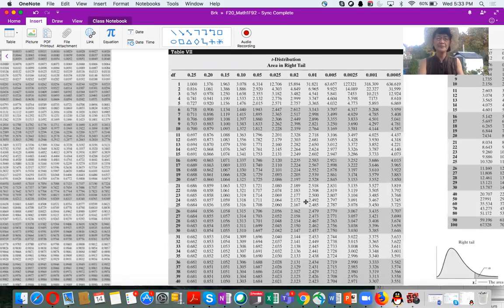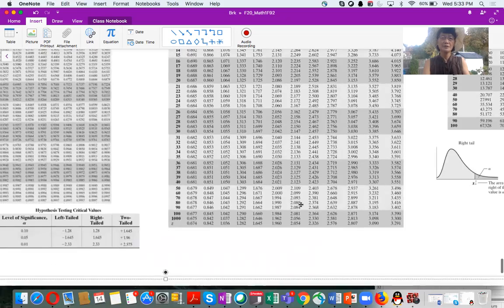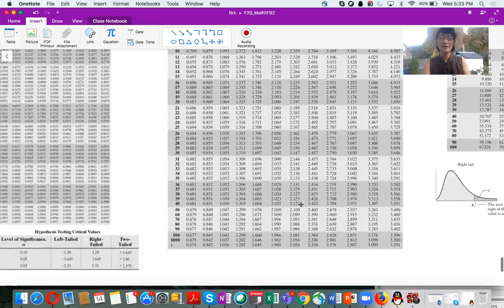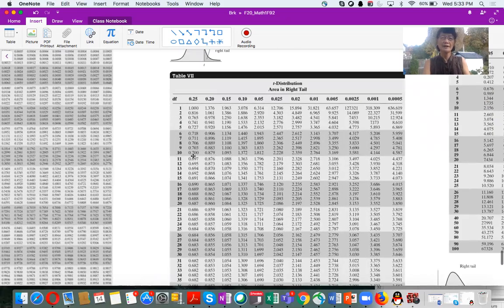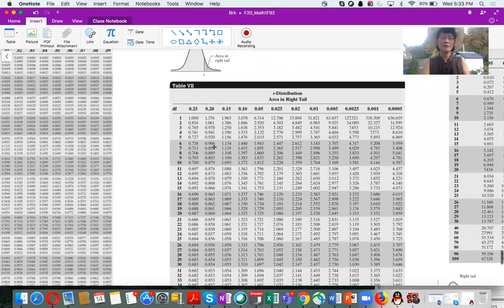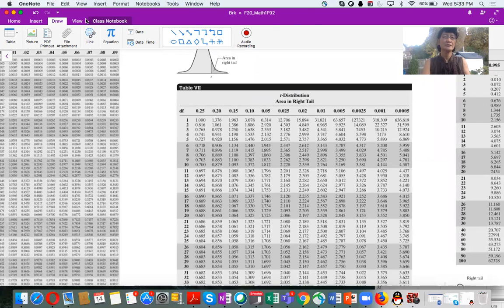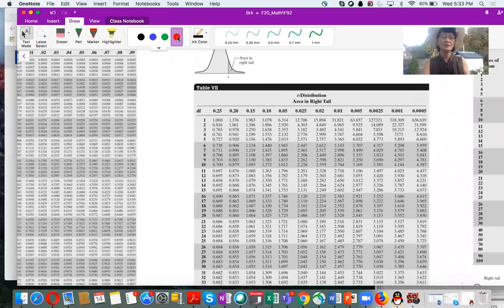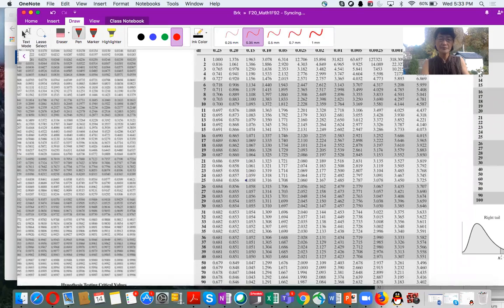Okay. So this is the T distribution, okay? Because it didn't provide a negative number, and our test statistic is negative 0.013, we have to consider a positive number, okay? Anyway, we find degree of freedom 44.